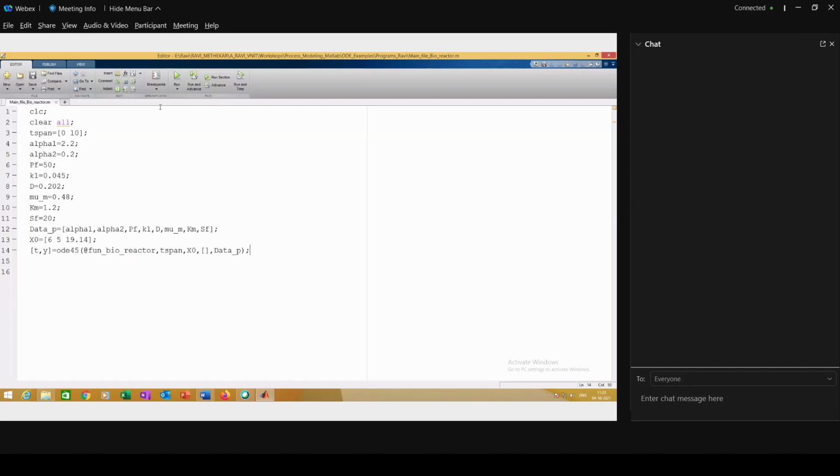After that options slot, there is one more slot by which you can supply the parameters. So let's assume that after data_p, I am required to give another value k. So I can give comma k. But right now I have bundled everything, so it's easier for me.